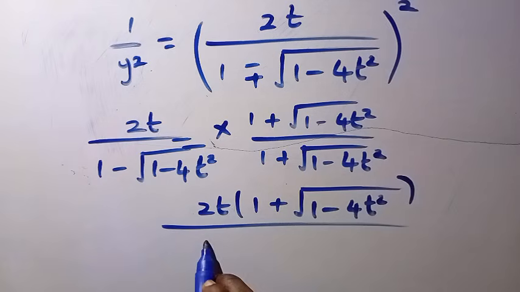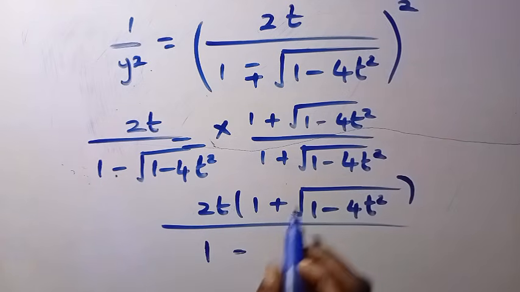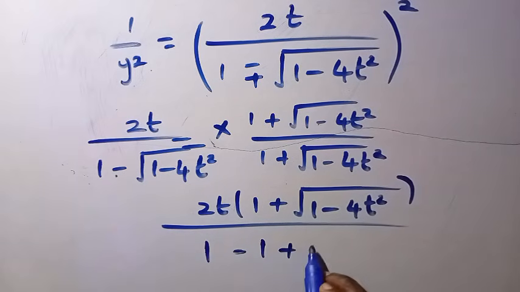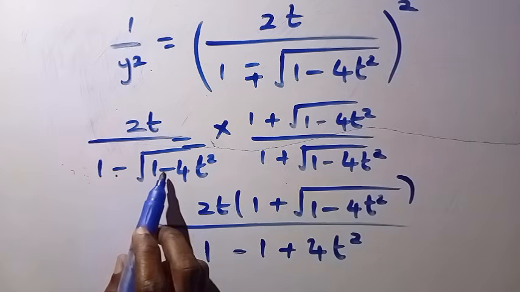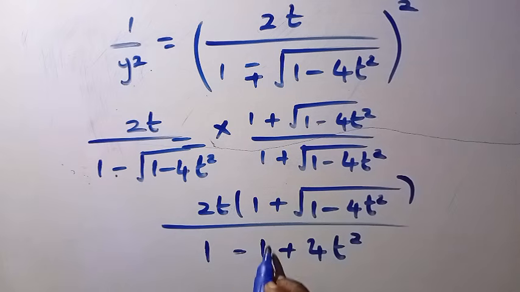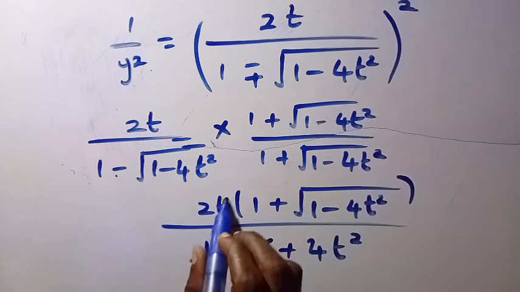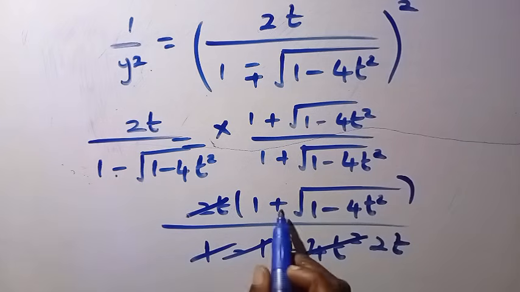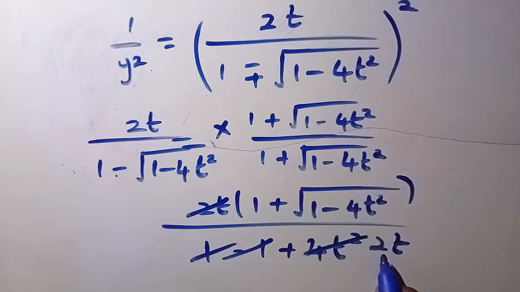Multiply 1 by 1, that gives us 1, then plus and minus is minus, then square root cancels square root, and we only have 1 minus 4t squared. So 1 minus 4t squared gives us 1 plus 4t squared. So the negative makes this negative become positive. So plus 1 cancels plus 1, and we have 2t over 4t squared. 2t here, 2t here, it gives us 2t. And therefore, we have 1 plus square root of 1 minus 4t squared divided by 2t.